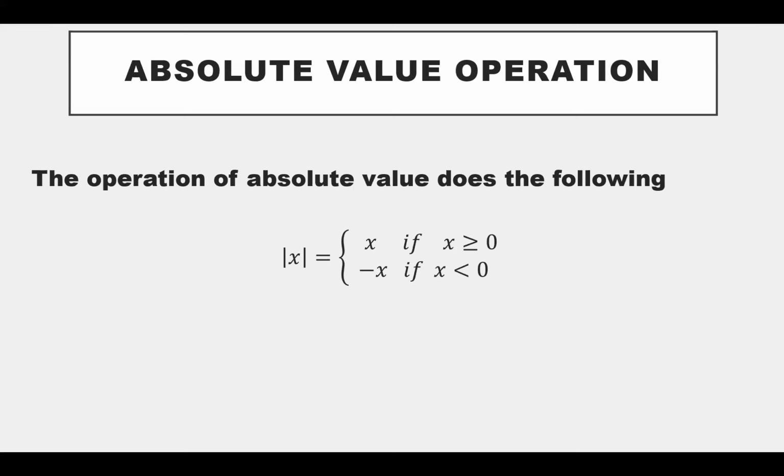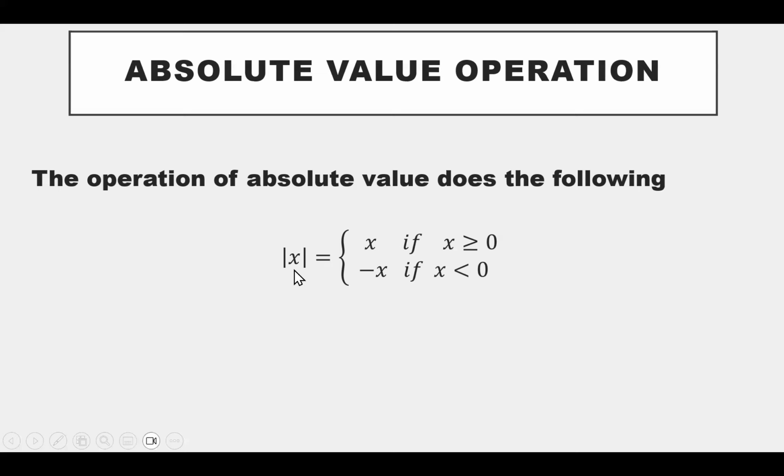However, if you plug in a negative number into the absolute value, then you're going to get the opposite of that number. In other words, when you plug in a number into the absolute value and take the absolute value of that number, you get a positive, or non-negative, I should say, output.